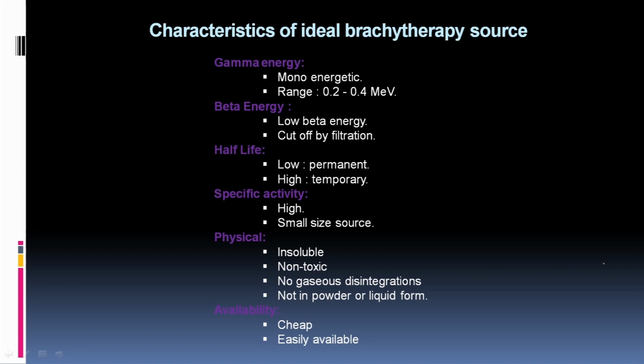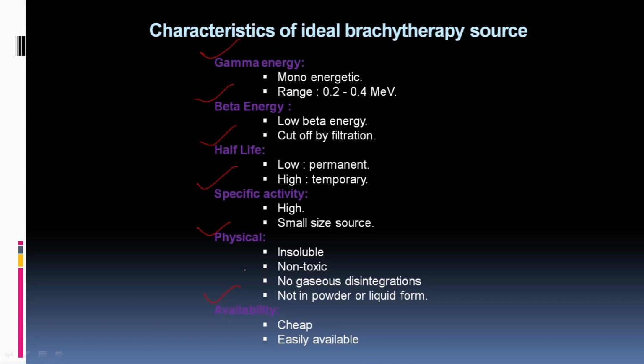The properties can be described by gamma energies, beta energies, half-life of the radioactive isotopes, specific activity, physical parameters or physical properties, and availability. These are the points where we have to define the characteristics of an ideal brachytherapy source.